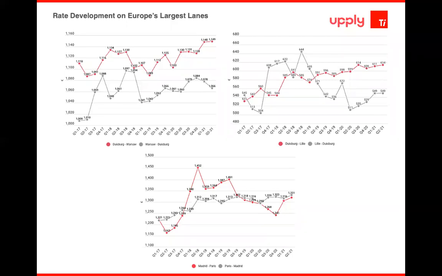Now, if I move on to Duisburg to Lille, which is supposedly representing France to Germany, German import rates from Lille to Duisburg fell 0.1%, so almost nothing. But Duisburg-Lille, on the other hand, is a crucial lane for the manufacturing sectors. Why is that?